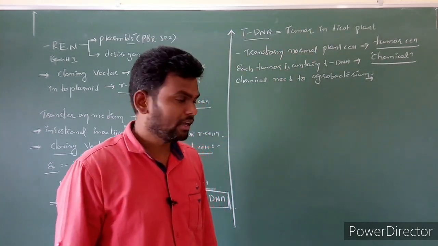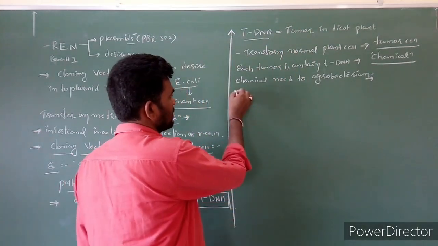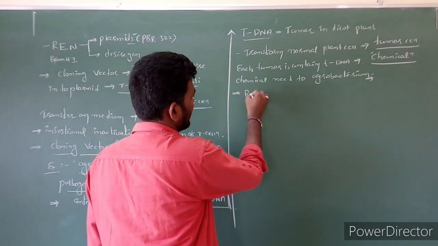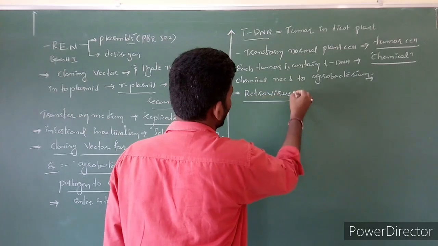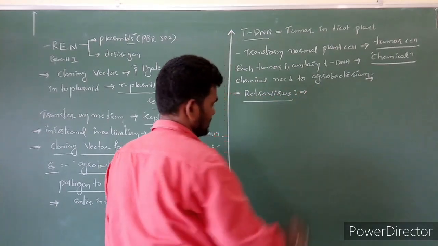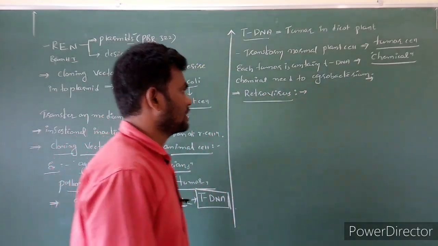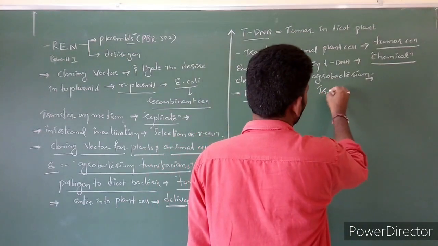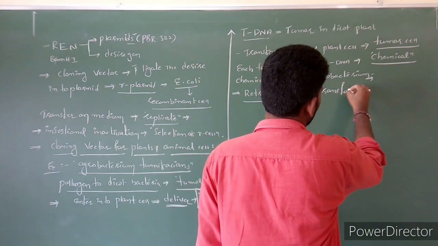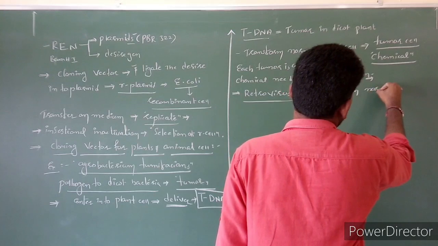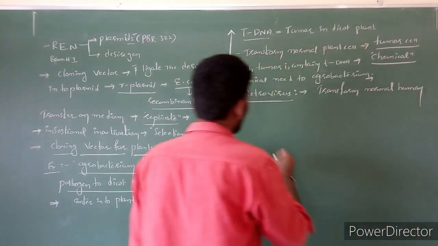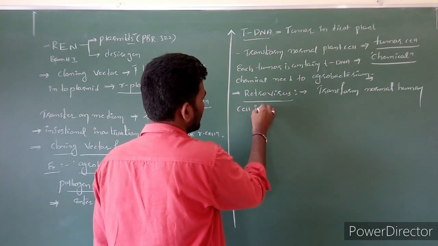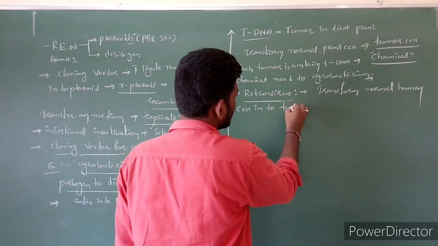Okay, same as, for example, in humans, retroviruses. So these also have the capacity to transform normal human cells into tumor cells.